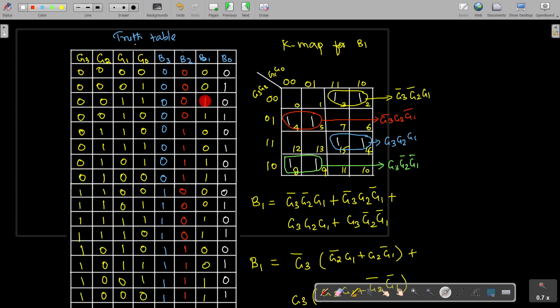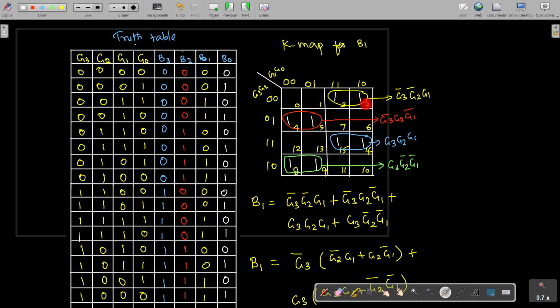So for this one, we have 0011, isn't it? So place a 1 into this 3. Then here a 1 that represents 0010 input combination corresponding to this one. That is nothing but 2. So place a 1 here. 00, then 1010.